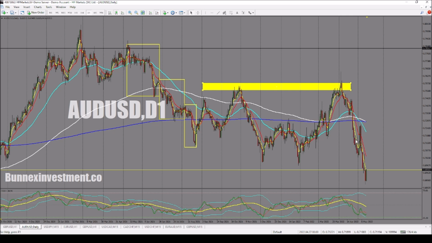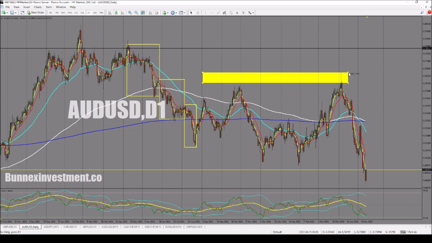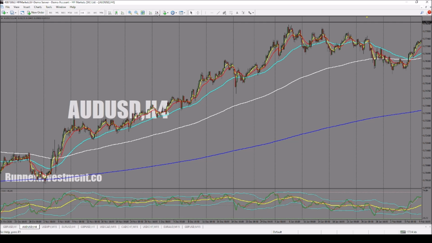We can see a very straight sharp drop like that. So it would be wiser for us to actually analyze this on the smaller time frame, which is the H4 time frame, to see what exactly was taking place in this drop, right? We are working towards getting an entry point.